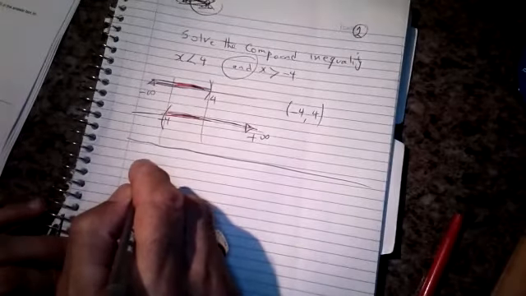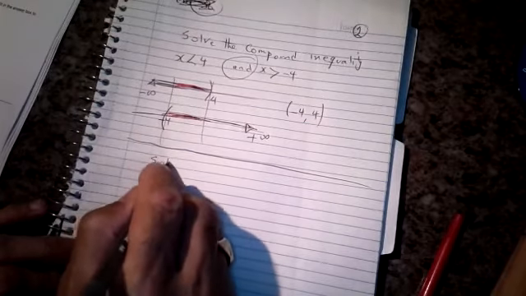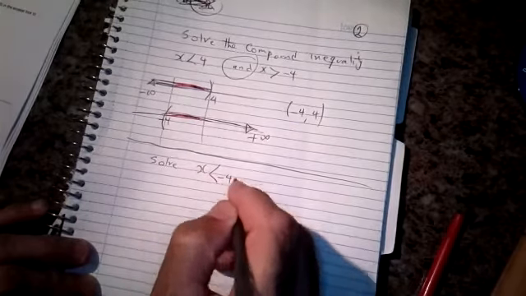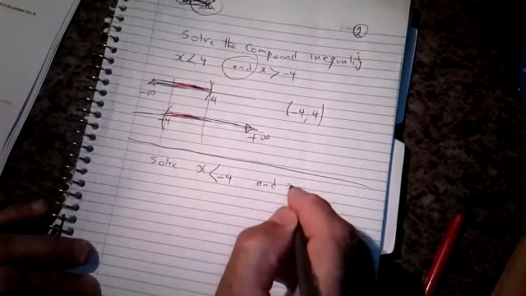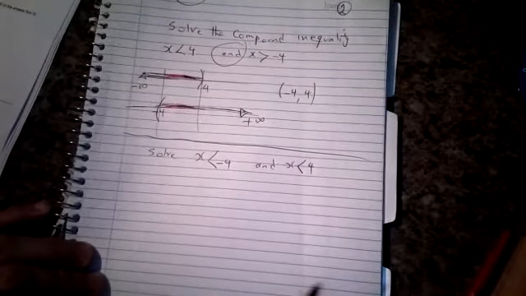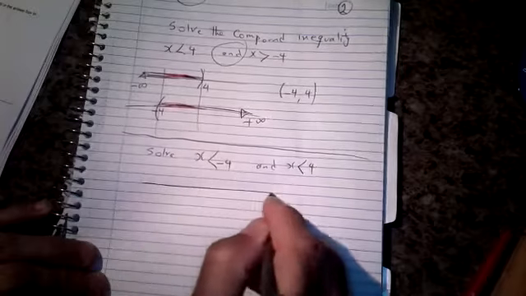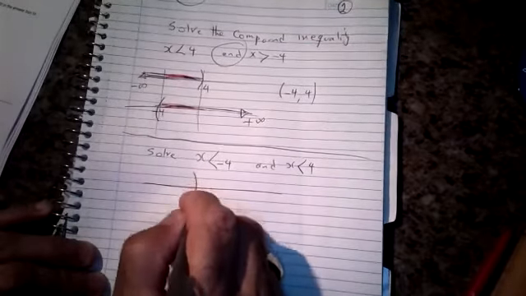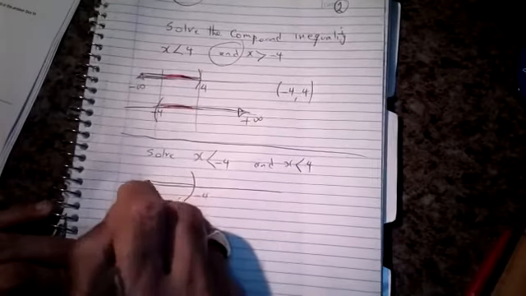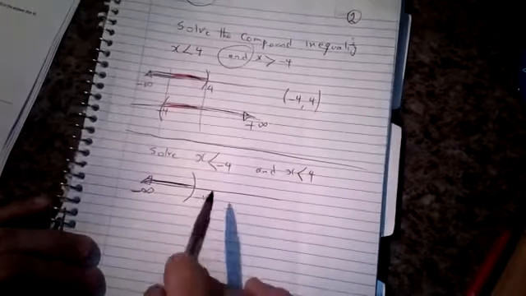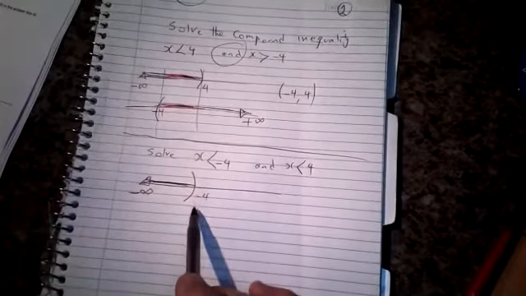Another example is you want to solve the compound inequality which has x less than -4 and x less than 4. X less than -4, again, since there is no equality sign, you use the parentheses.